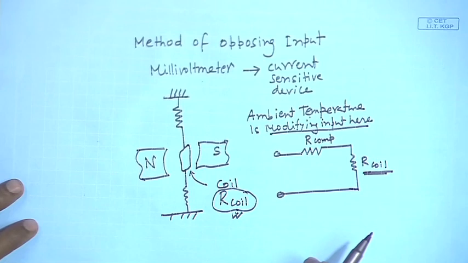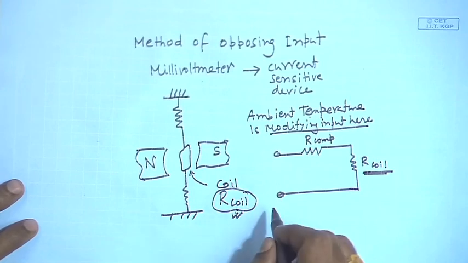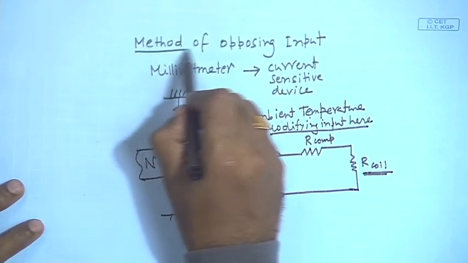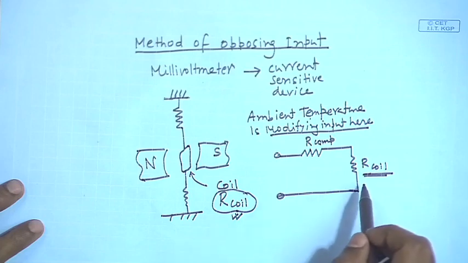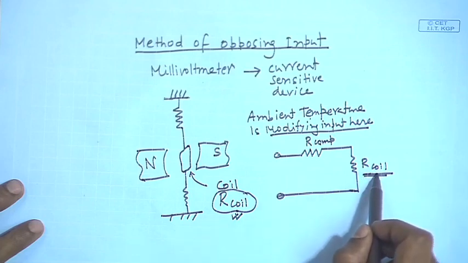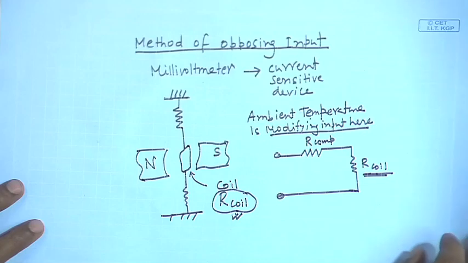So, this is an example of the method of opposing input. I intentionally introduce a resistance to cancel out the effect of ambient temperature on the changes in resistance of the coil. Let us take another example of the method of opposing input.